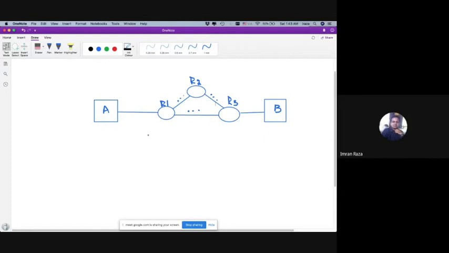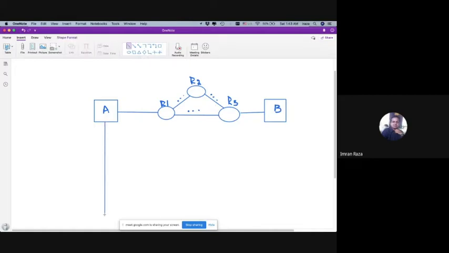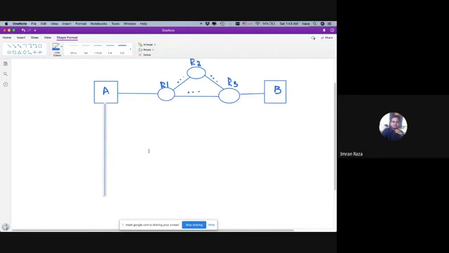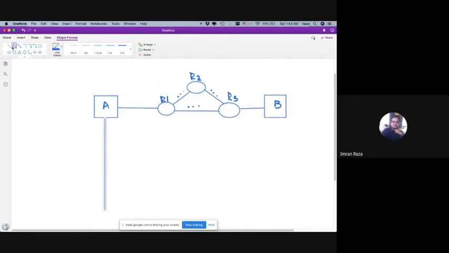So there are different types of connectivity here that we need to identify. So one connectivity is that this machine A is connected to R1. So this is one type of connectivity where A is connected to R1.